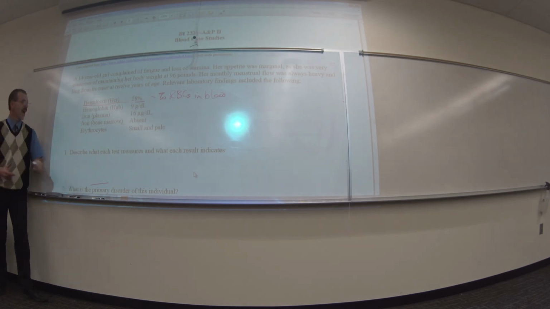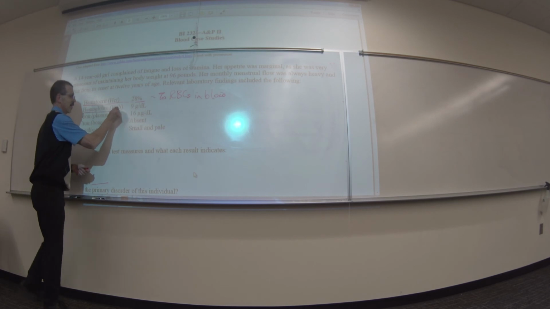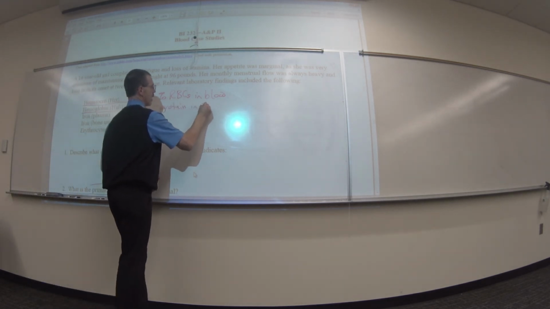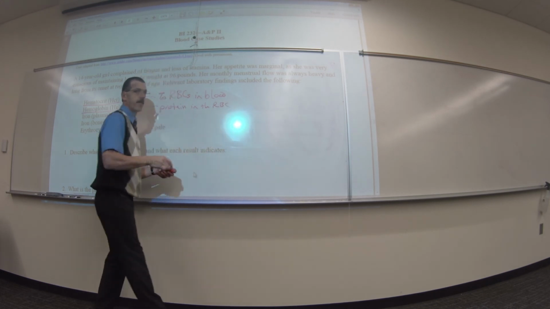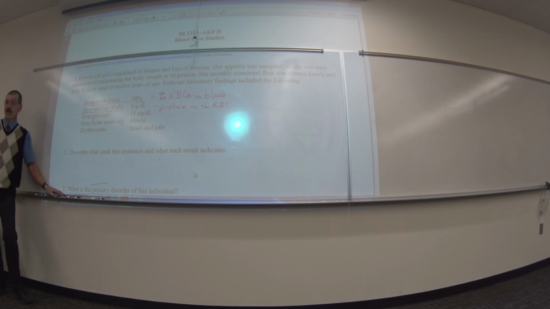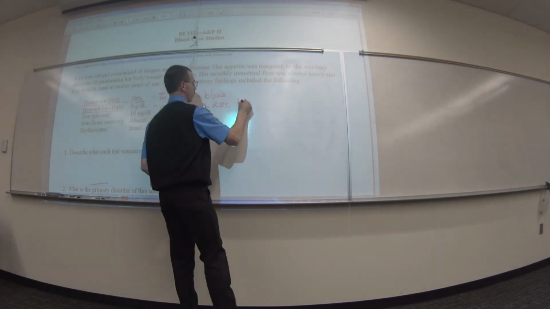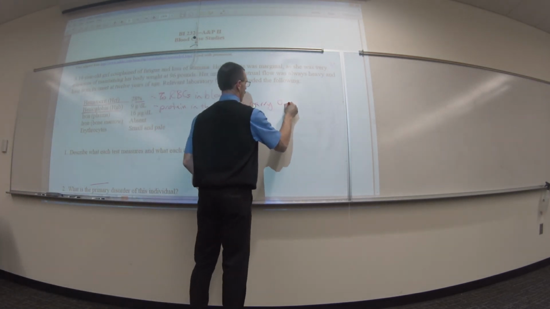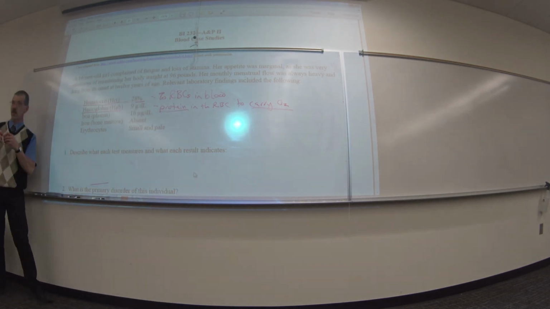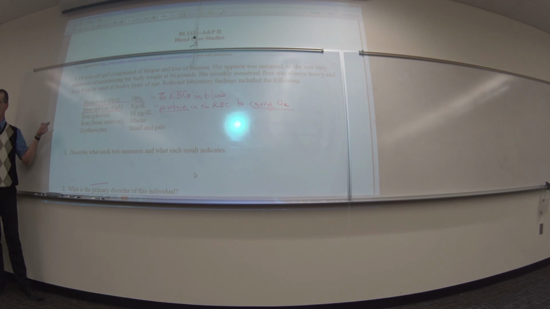Right? Now, we have to learn hemoglobin. Hemoglobin is a protein in the RBC. Anyone know what the job of hemoglobin is? To carry the oxygen. So the RBC is the cell, the hemoglobin is the protein in the cell.